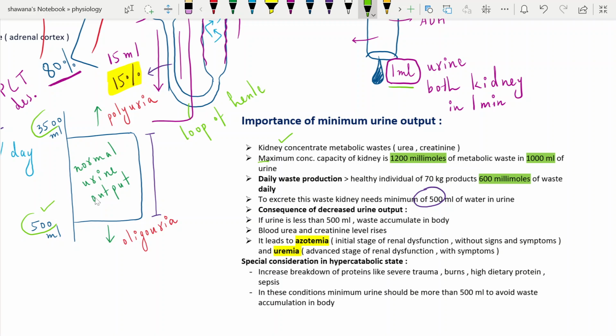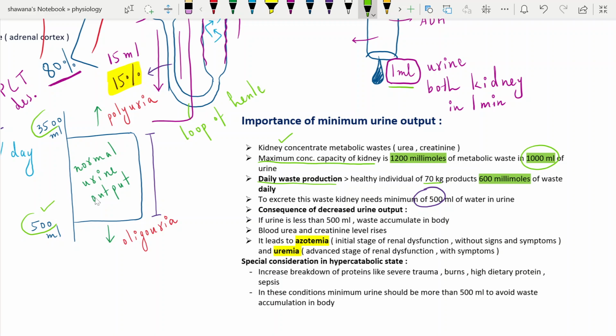The maximum concentration capacity of the kidney is 1200 millimoles of metabolic waste in 1000 ml of urine. It means that if there is 1000 ml of urine, the kidney can concentrate about 1200 millimoles of metabolic waste. But normally, daily waste production in a healthy individual of 70 kgs is 600 millimoles of waste.